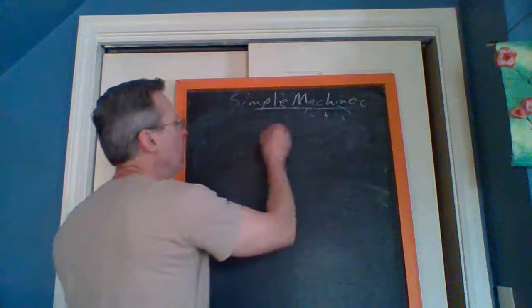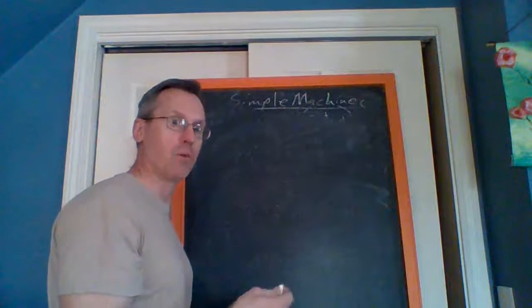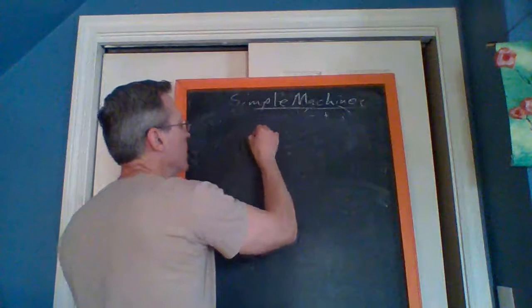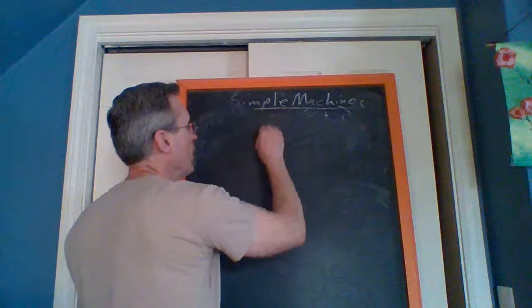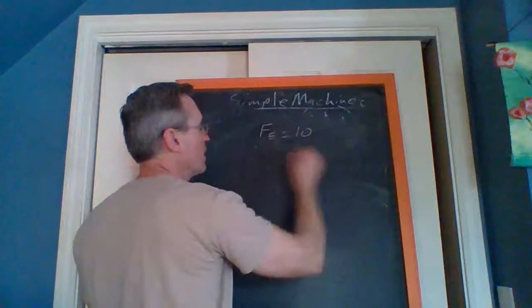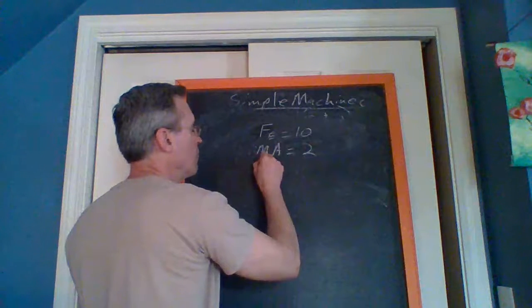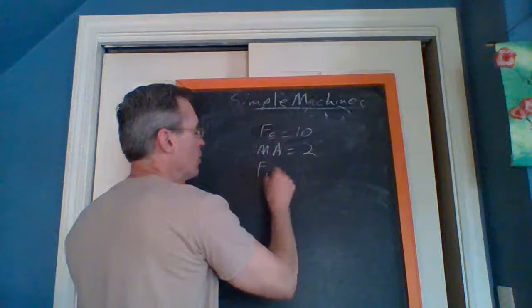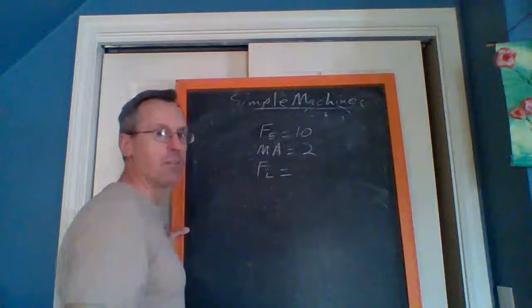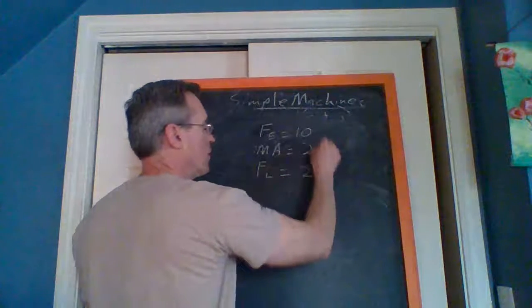So it's the amount of times the machine multiplies the force you put into it. So if my effort force, Fe, is 10, and I have mechanical advantage of 2, then the load I can lift, force load, is 10 times 2.